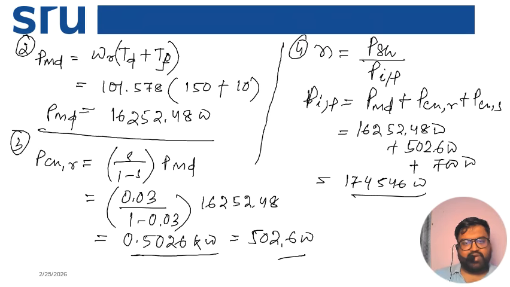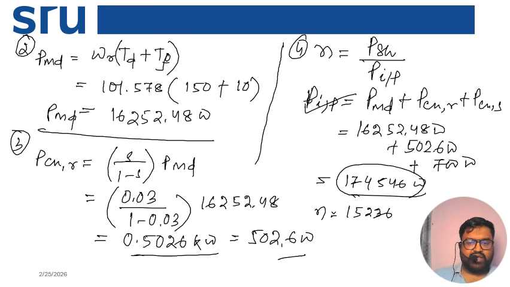Now that you have the input power, and P shaft power is 15236, you can calculate the efficiency: P shaft, 15236, divided by 17454.6, into 100.